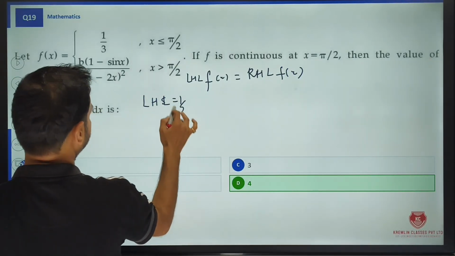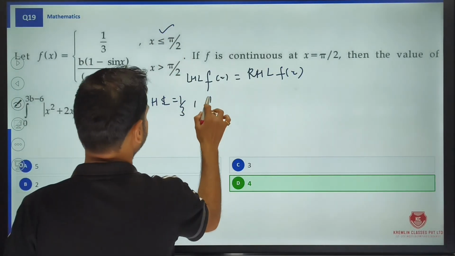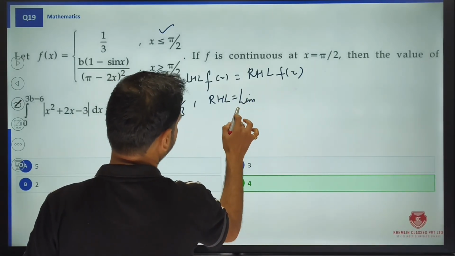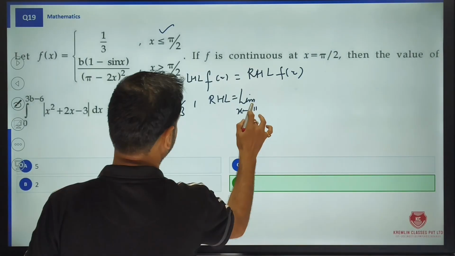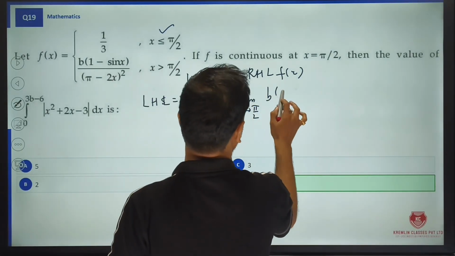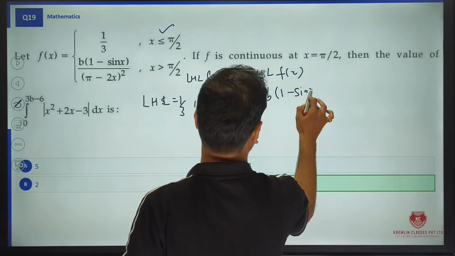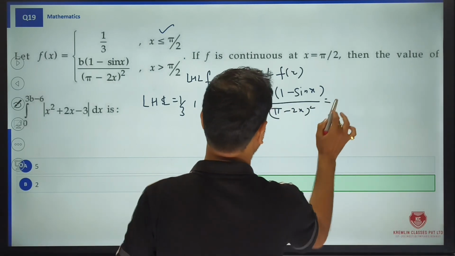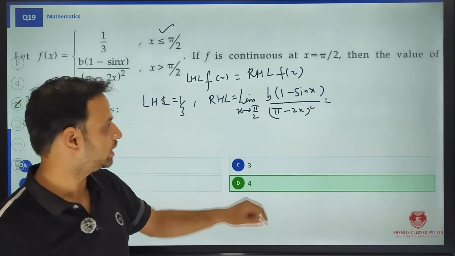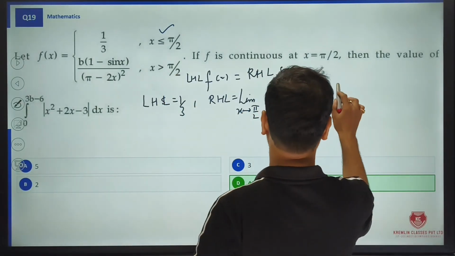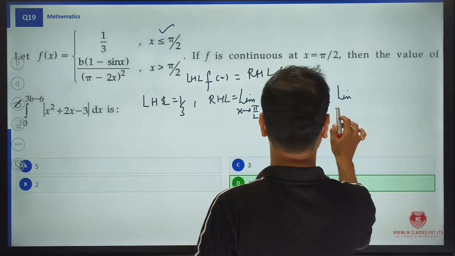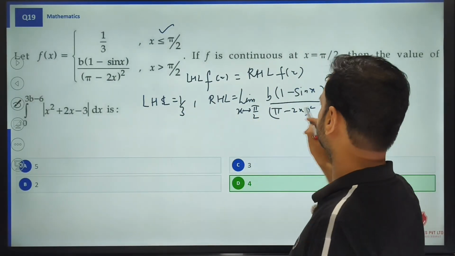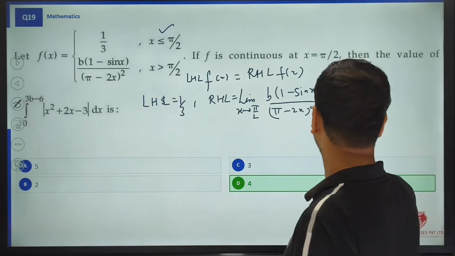LHL is 1 by 3, for x less than pi by 2, and RHL we can find by limit x tending to pi by 2 of b times (1 minus sin x) upon (pi minus 2x) whole square. So when we put limit h tending to 0, it is pi by 2 plus h, because the value of x is greater than pi by 2.